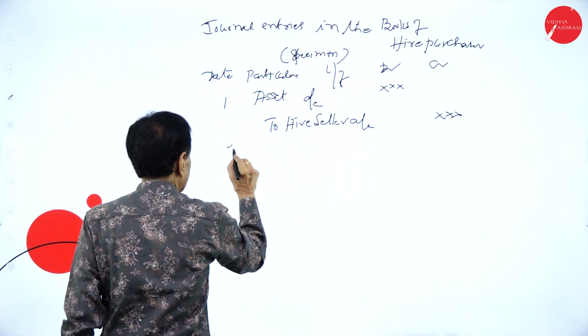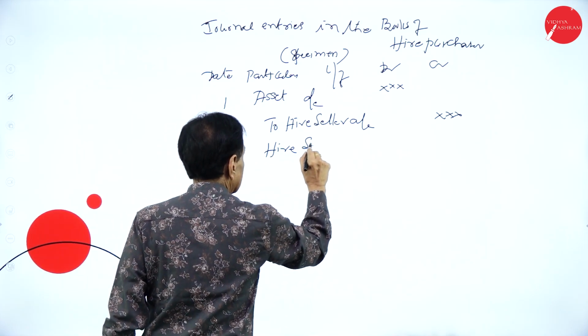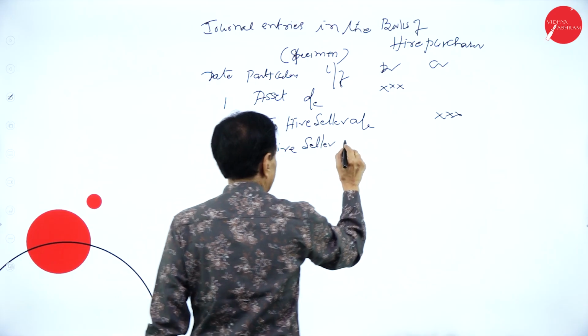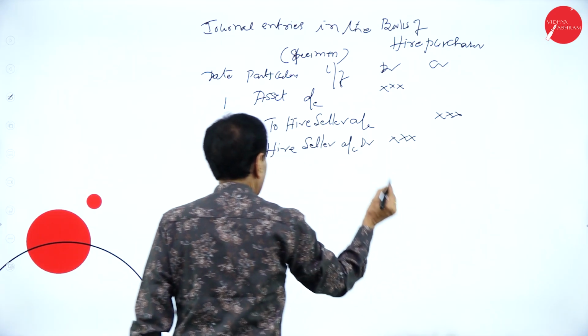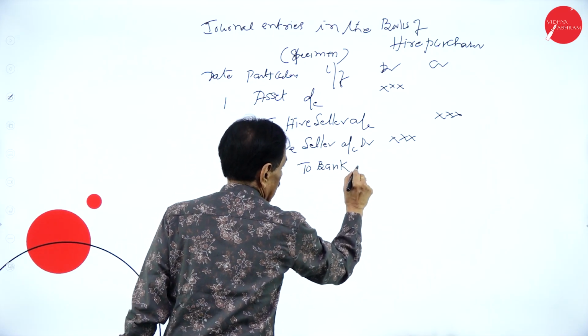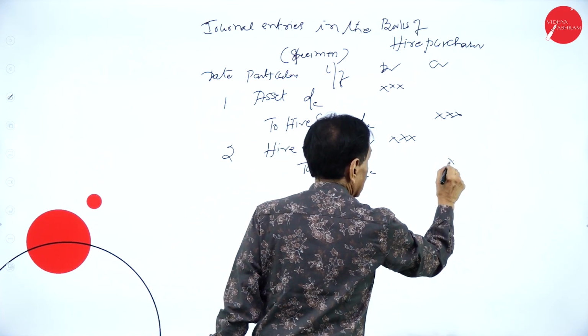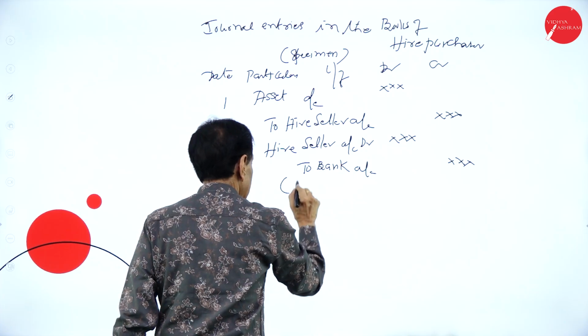Second entry, hire seller account to bank account. This is the down payment.